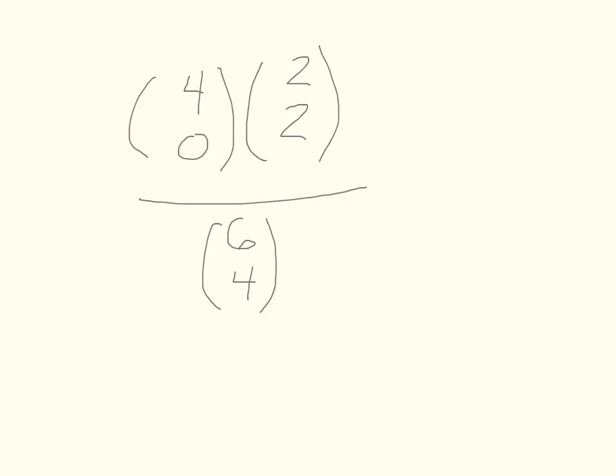So remember how you calculate a combination: n choose k equals n factorial over k factorial times n minus k factorial. Keep that in mind, and you'll see where it comes from in a minute.